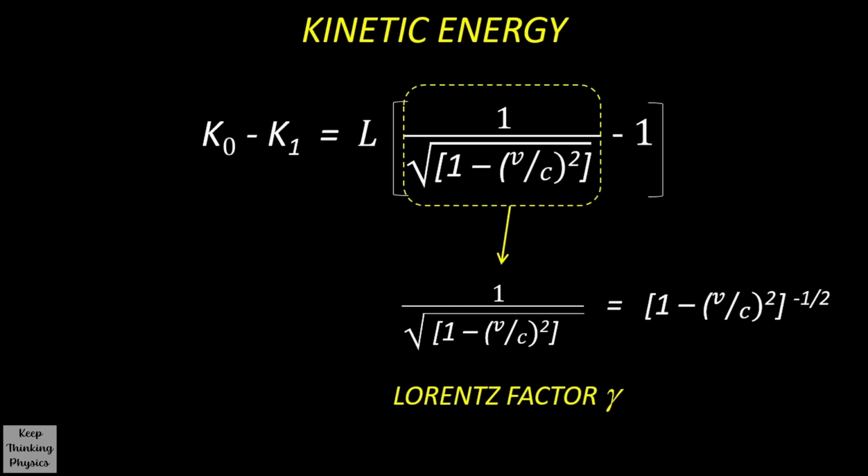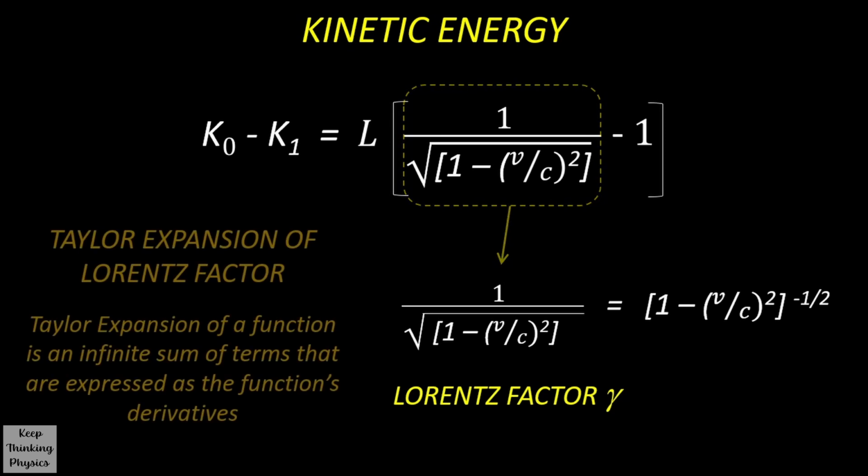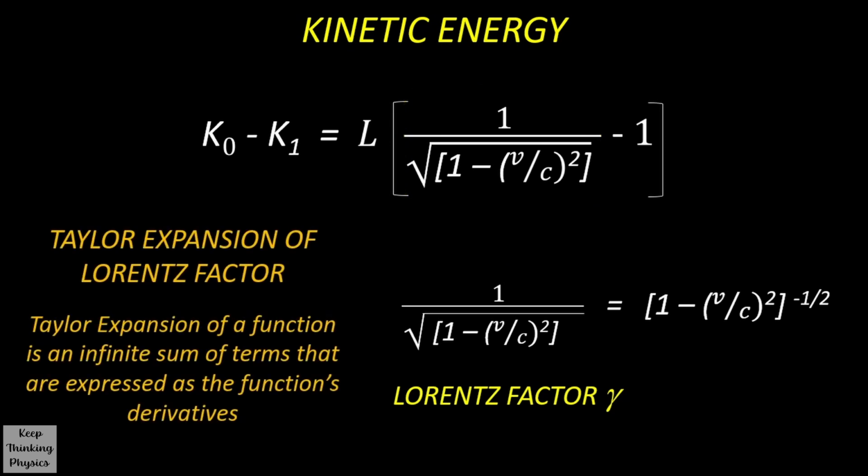What Einstein does next is to take the Lorentz factor and do a Taylor series expansion on it. We will not go into what a Taylor series expansion is here, but suffice to say, it is a mathematical tool to express a function in terms of an infinite series of polynomials. The reason why this Taylor series expansion helps will become clear, but Einstein just states the result in his paper.